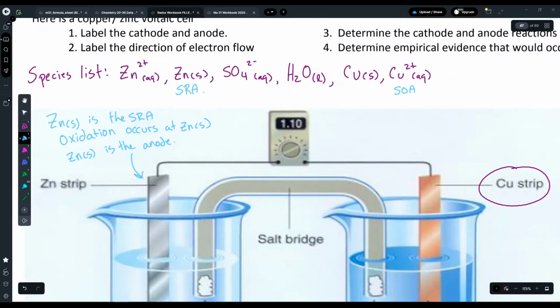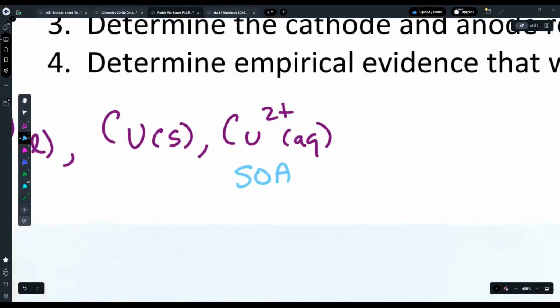Okay, so let's look at our SOA. Our strongest oxidizing agent is aqueous. Remember, cathodes and anodes can only be solid. So just because you figured out your SRA and it was a solid, you always have to double check the states of what you're assigning your SRA and SOA to.